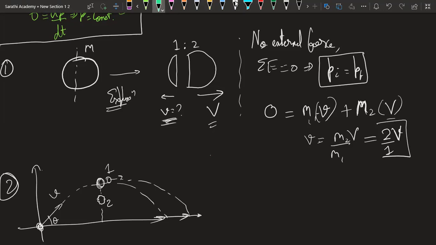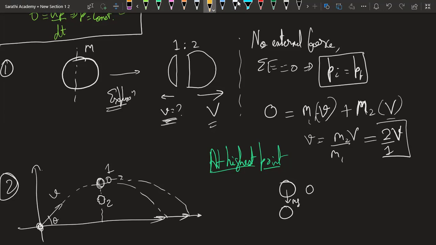So if we see at the highest point, we can try, pause and try. At the highest point, the ball breaks into two parts. Now at the highest point, there's only one force acting, which is mg in the downward direction.